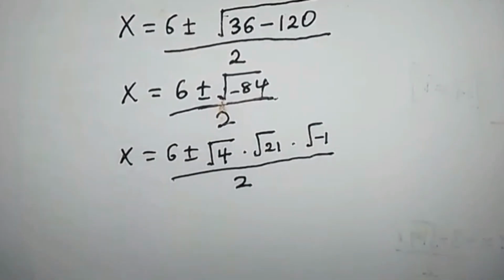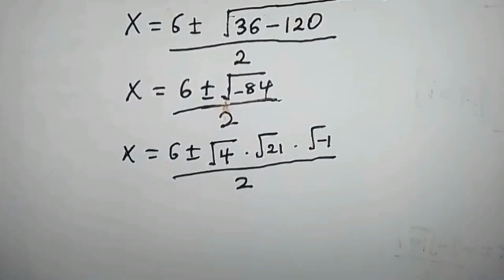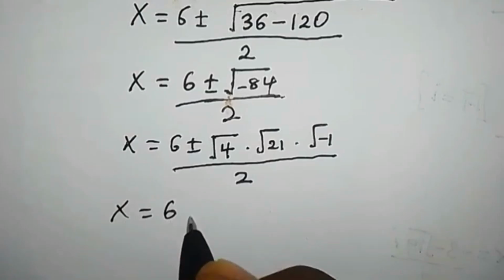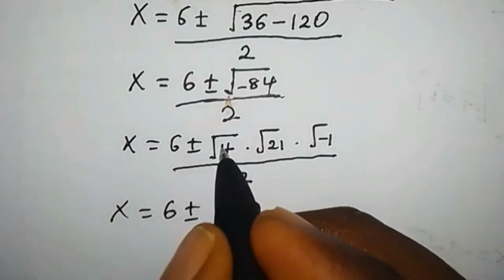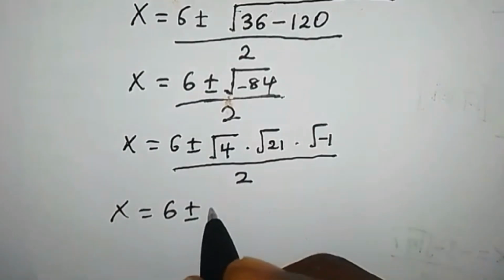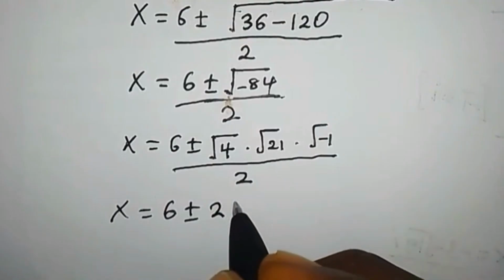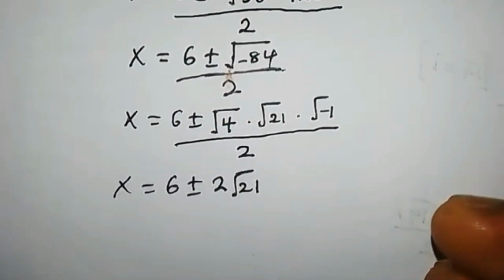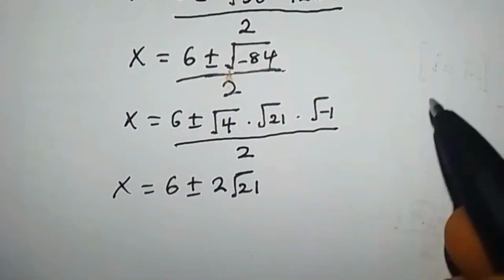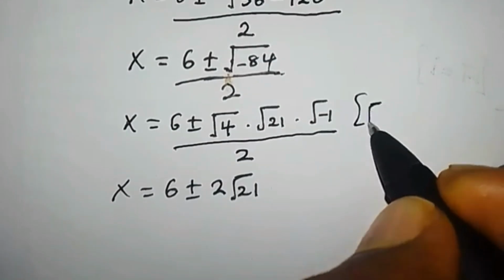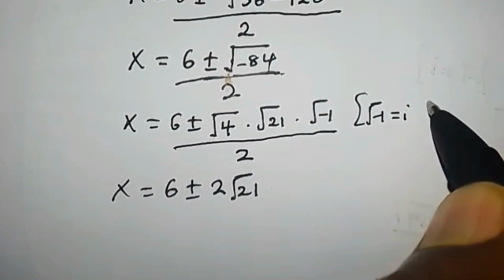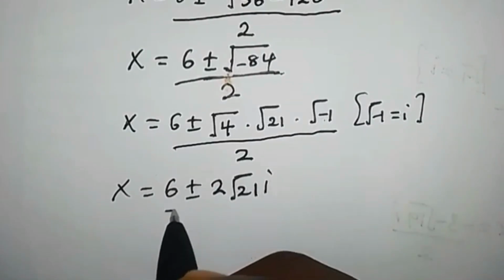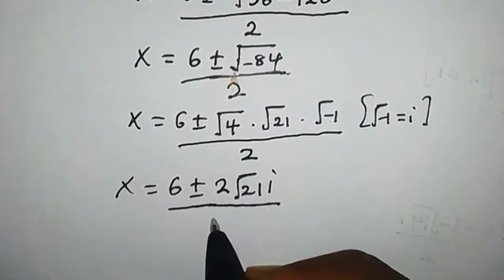Let's continue. x equal to 6 plus or minus, what is square root of 4? That is simply 2 times square root of 21. And also don't forget, from complex numbers, we know that square root of negative 1 is equal to i. So we replace this with i, all divided by 2.